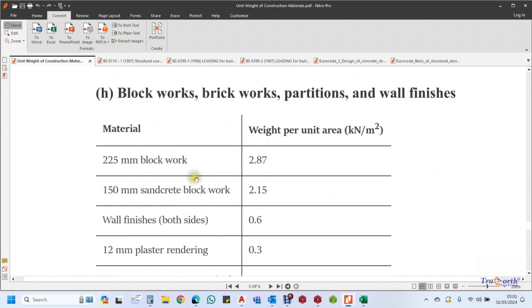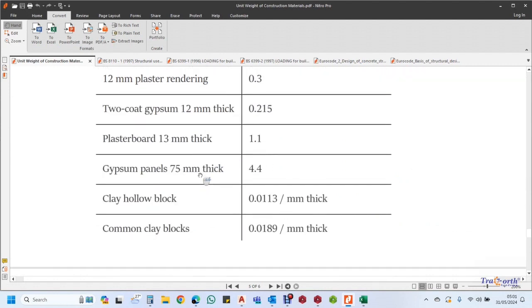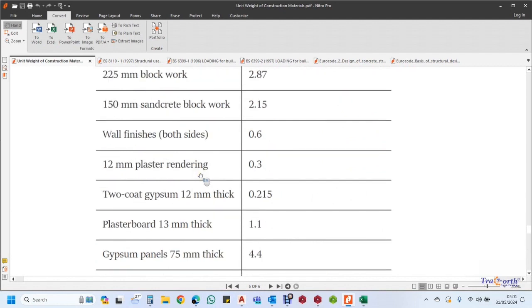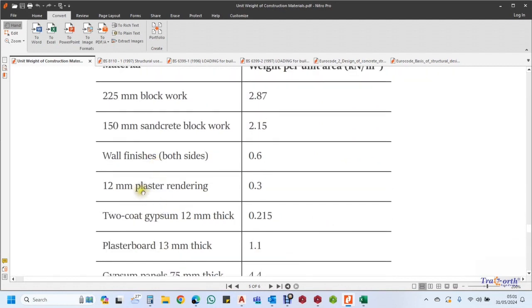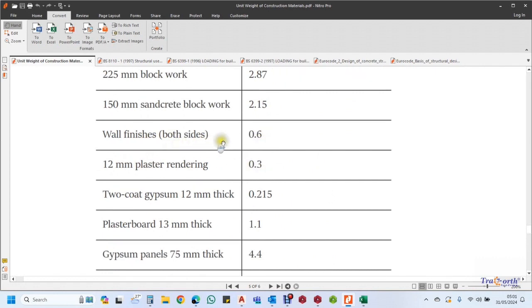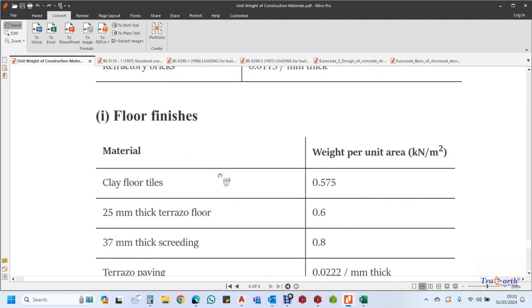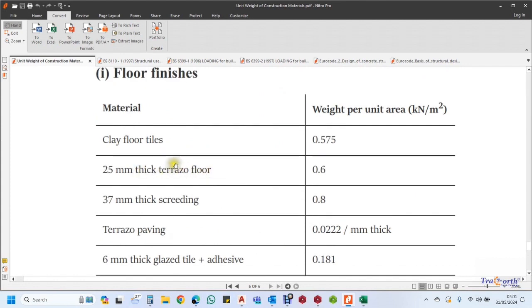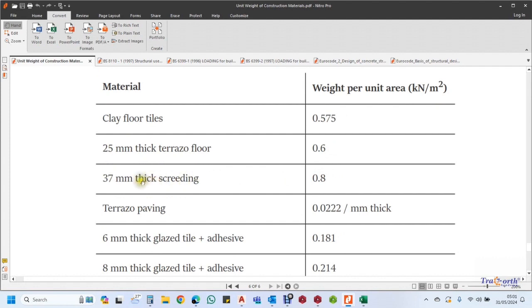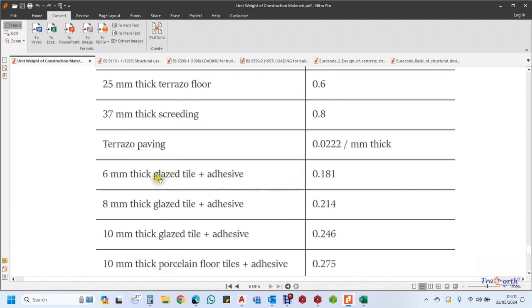You can see even that of block, they are all taken here. So you can see plaster, what finishes both sides. If you want to take the 0.6 times 2, you can equally say 1.2. Assuming it's 25 mm floor finish, you can see minimum thickness terrazzo floor 0.5, terrazzo paving 6 mm.